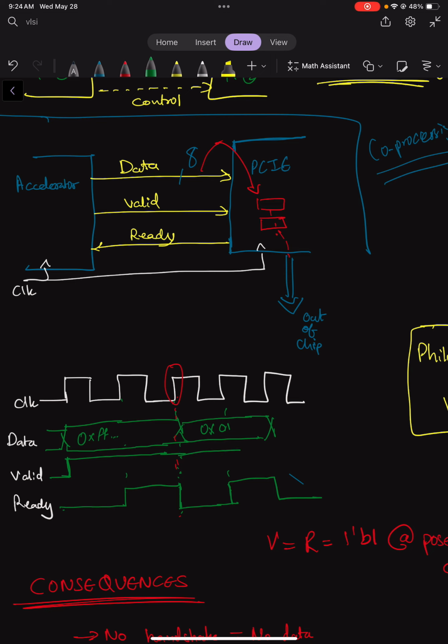Since the ready has gone high at this clock edge, right? At this clock edge, that's when the accelerator knows that it can now change the data and put a new data there. And this is the point where handshakes are completing, where both valid and ready are high at the same clock cycle.